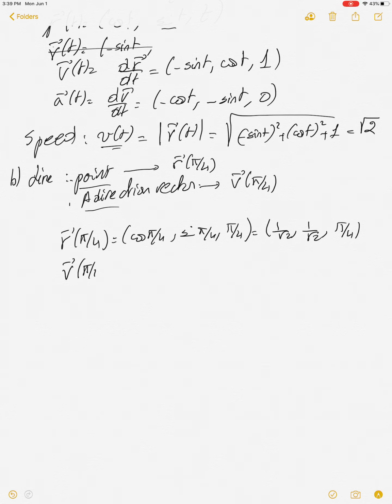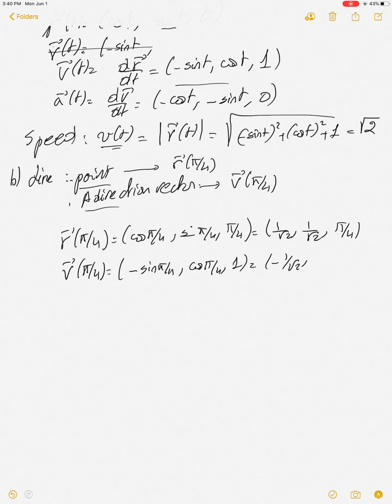So now what is v of pi over 4? This is the velocity vector. So it is minus sine pi over 4, cosine pi over 4, and 1.